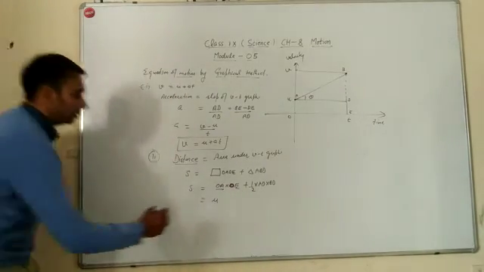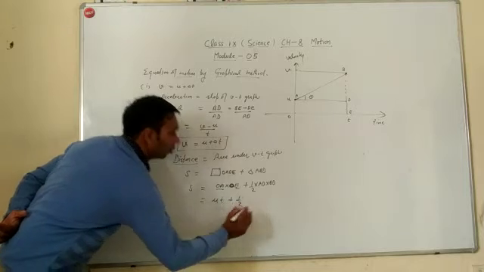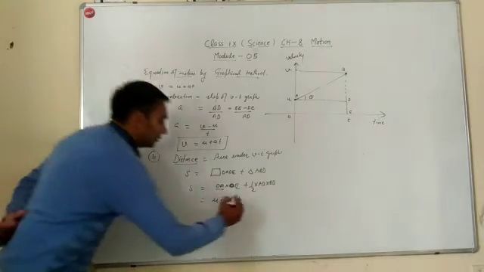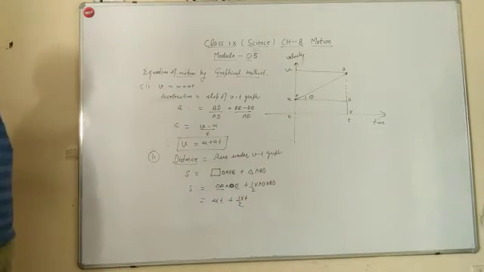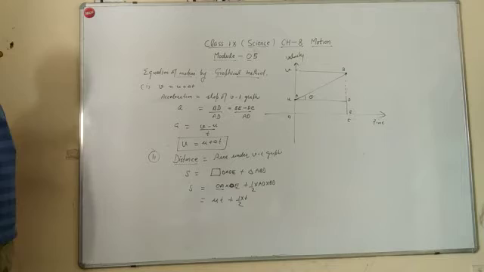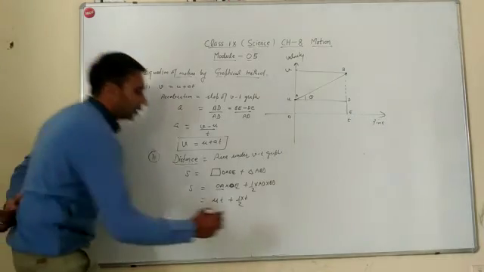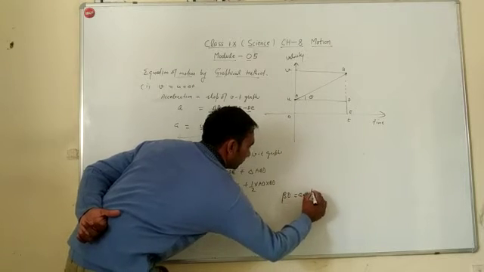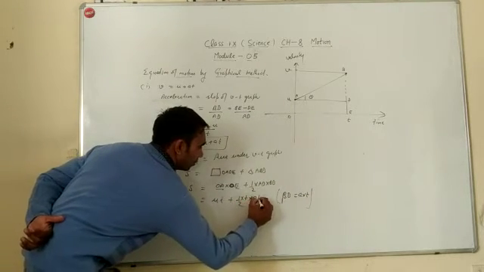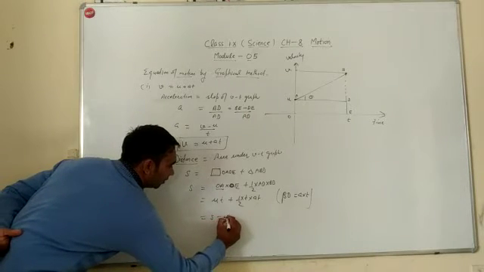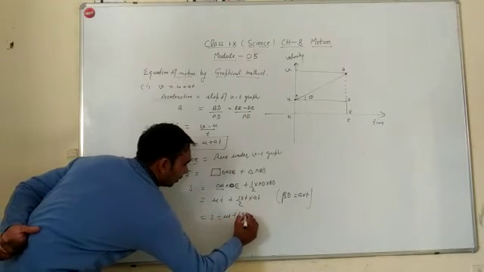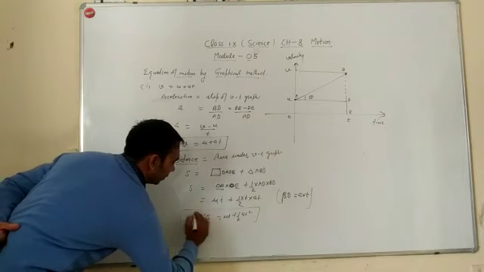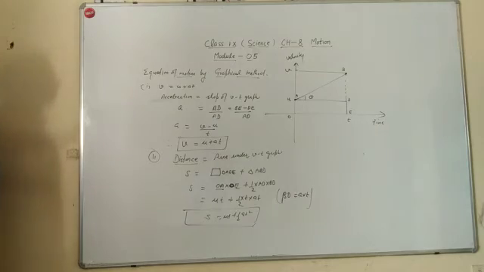OE is equal to t, and AD is t. BD is equal to a into t. Therefore, S is equal to ut plus half at square.